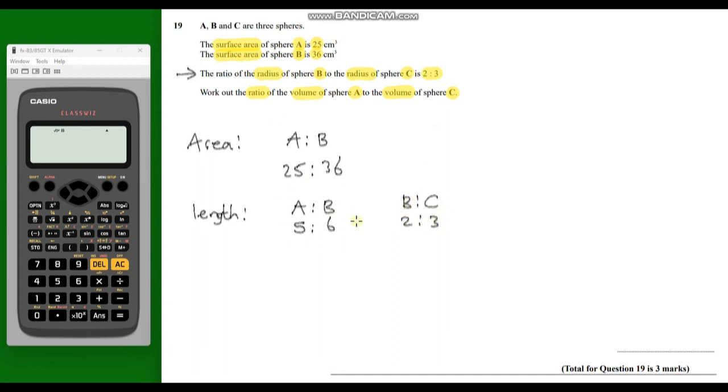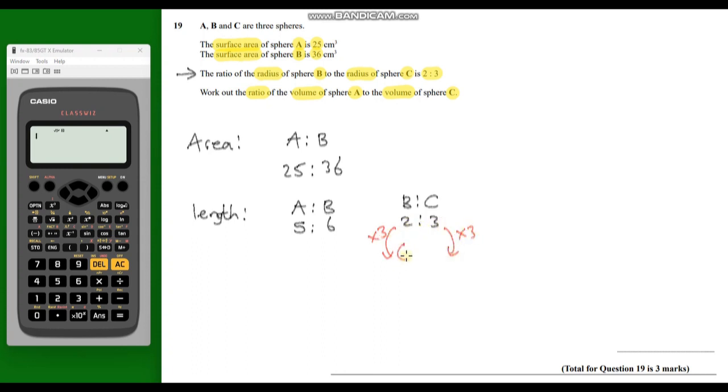And now, because I've got these pairs of ratios, I can use that to calculate the ratio of A to C, because notice they both have a B in common. So if we can get the B's the same, we can just look at the values for A and C. At the moment B is 2, I can turn that into 6 by multiplying by 3. If I multiply both numbers by 3, the ratio is not going to change.